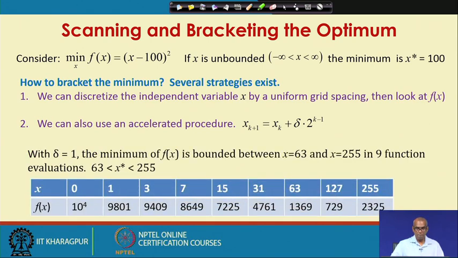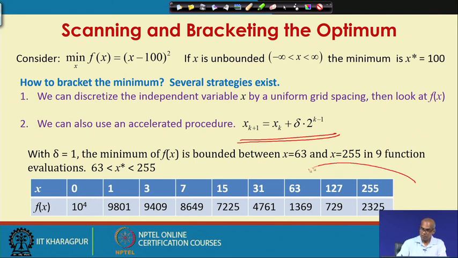For example, with delta equal to 1, the minimum of function f x is bounded between x equal to 63 and x equal to 255 in just 9 function evaluations. So, using this formula and taking delta equal to 1, I can find out the x as 0, then 1, 3, 7, 15, 31, 63, 127 and 255.